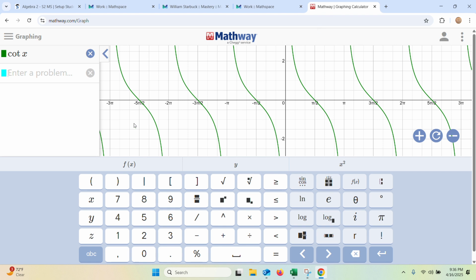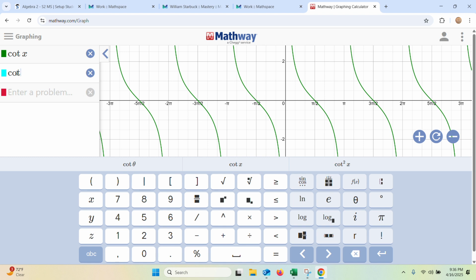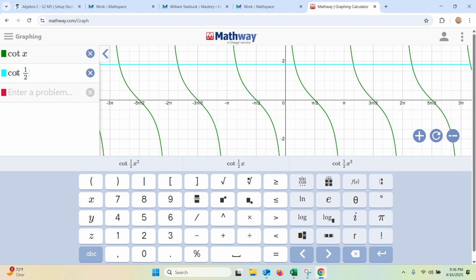If we just throw in the scale factor, remember it's 1/2 x, it knows what that means, stretch it out. You can see the space between the two places of the original graph, and now look how much farther apart they are. They're stretched out.